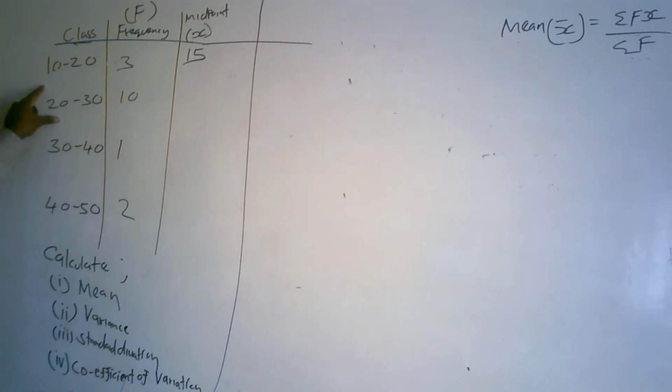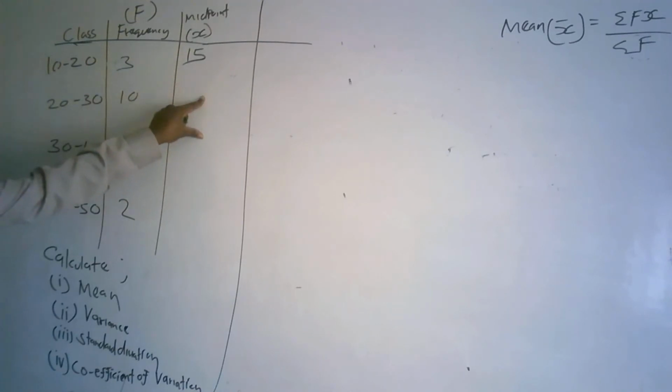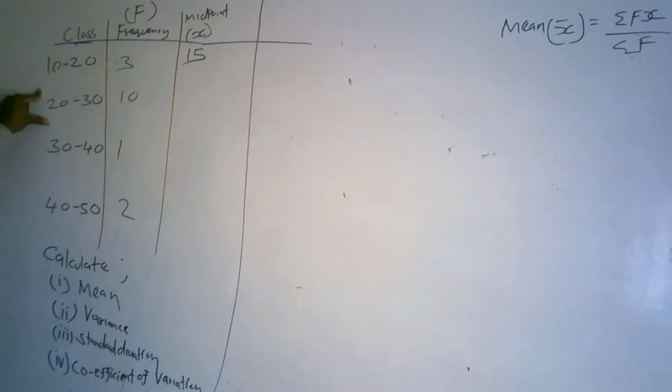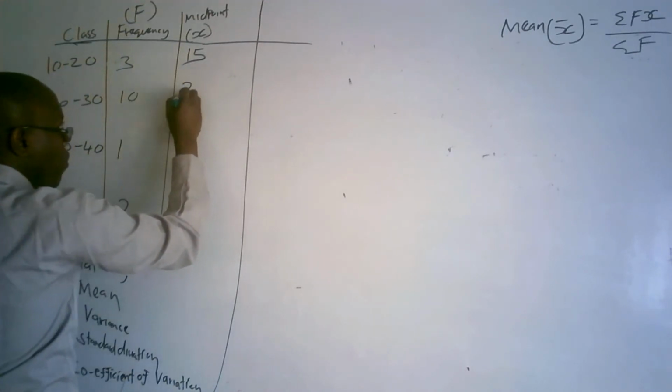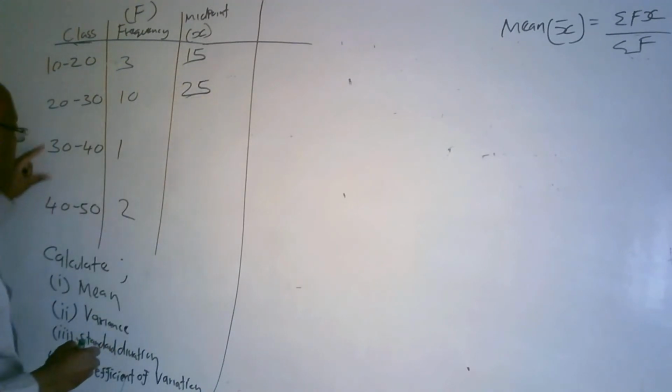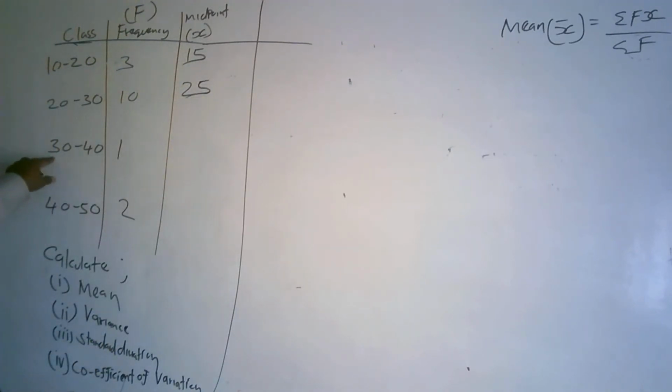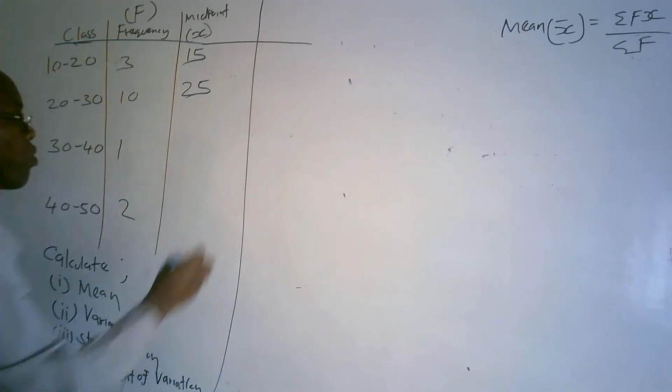When we come to the second class, 20 to 30, if we want to get the midpoint here, it's going to be 20 plus 30, which is 50, divided by 2, which is 25. The next class, 30 to 40, is going to be 30 plus 40, which is 70, divided by 2, which is 35.